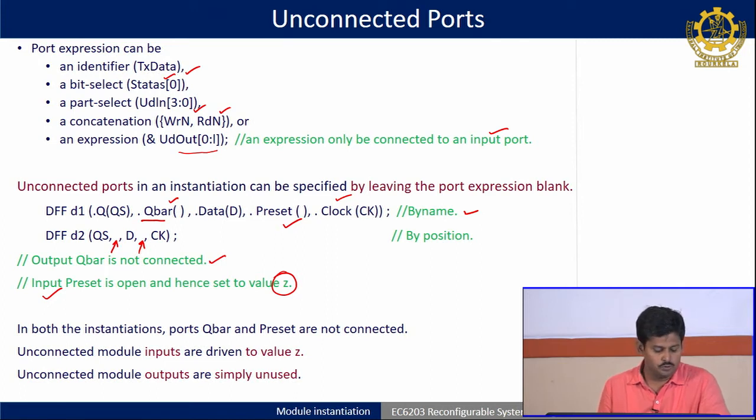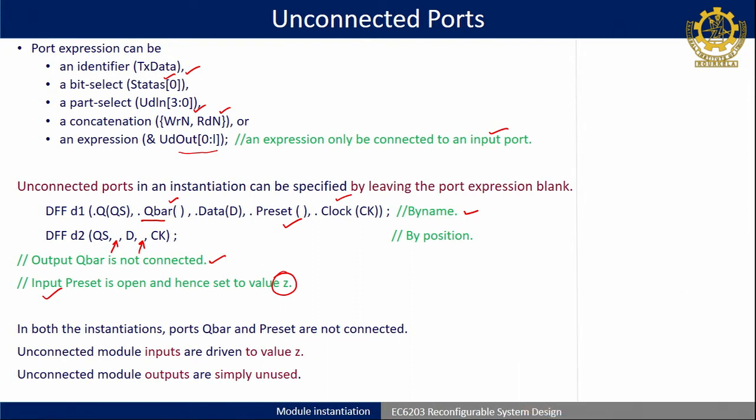And if an output port is not connected, then it will remain unutilized, like an open circuit. Understood? So, in both instantiations, if you see in this example, q bar and preset are not connected. So, unconnected module inputs are driven to z, unconnected module outputs are simply unused.